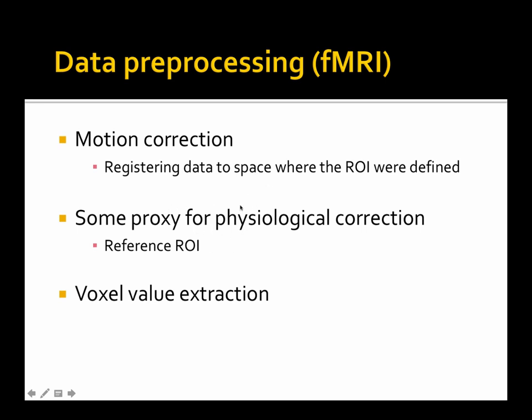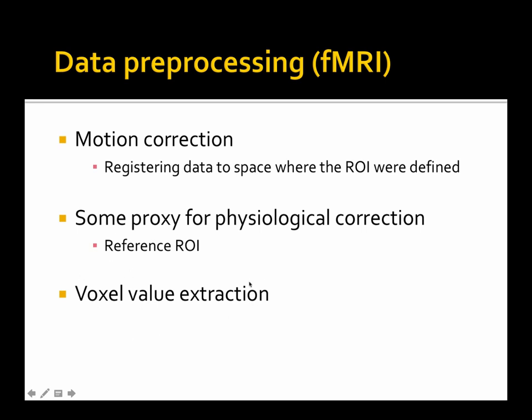One of the problems is not only the non-absolute value, but also we have physiological noise. One of the ways to correct that is assuming that the amount of physiological noise would be similar, and you can use a reference region. Some people use the white matter. So there are different strategies, but it's always good to have some sort of correction or some other reference that will remove these things or diminish their impact.